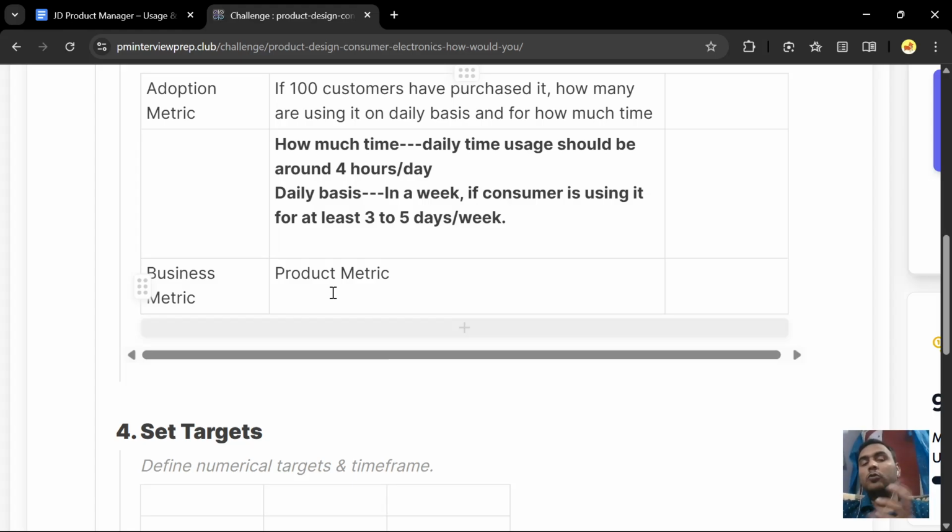So putting in a business metric would not be helpful, I guess, because we are not directly responsible for the business metric, though the product directly influences the business metrics.